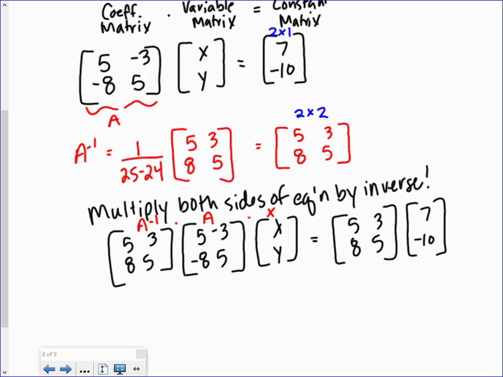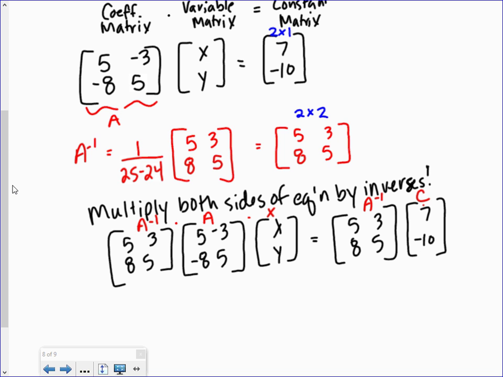And that will always be true. Okay, so this is my inverse times my constant. Maybe I'll use C for constant, actually, because I don't want to confuse it with the variables. Okay, times my constant matrix.